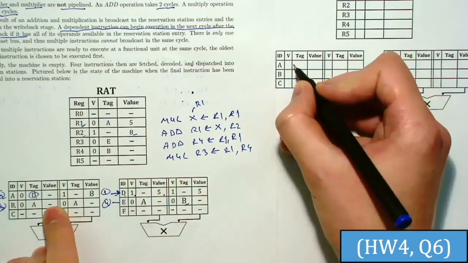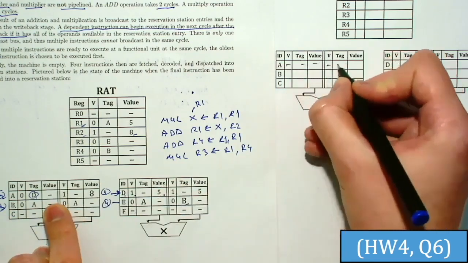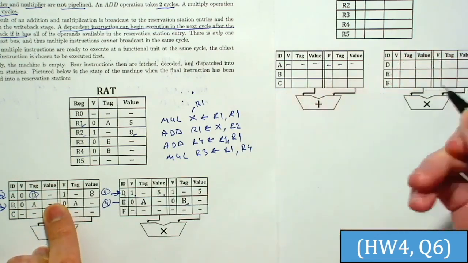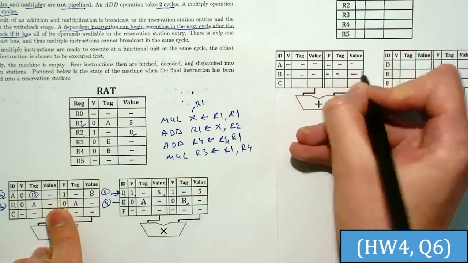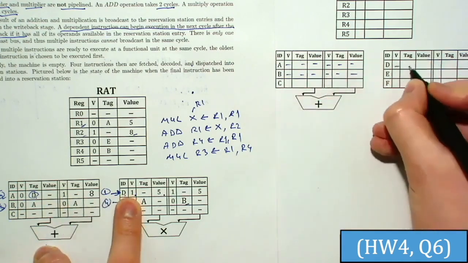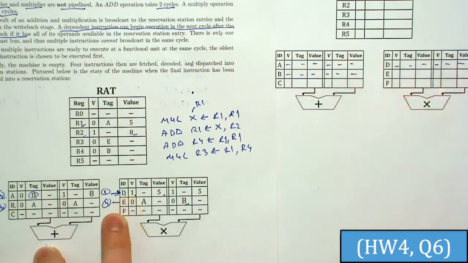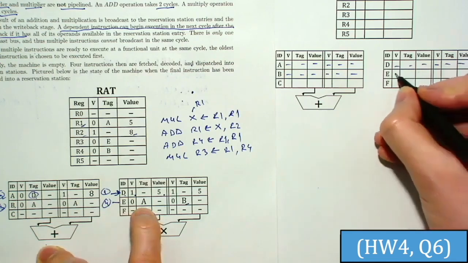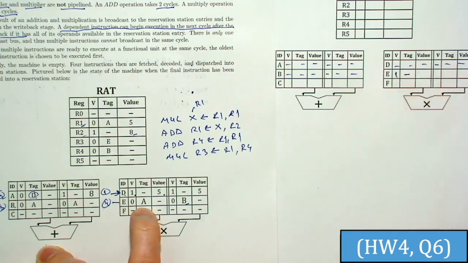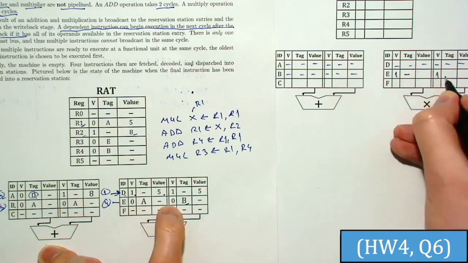So this is finished, so I'll just put dashes here at the end of cycle 12. B is also complete. D is complete, so we don't have to fill anything here. And for E, since A is complete, it will have its data available. Here the value will be set. B is also complete, so this will also be set.